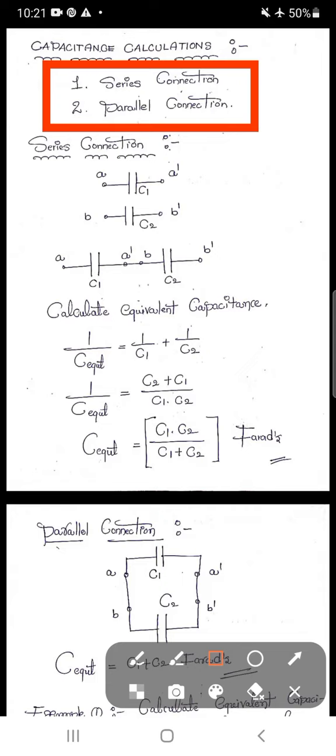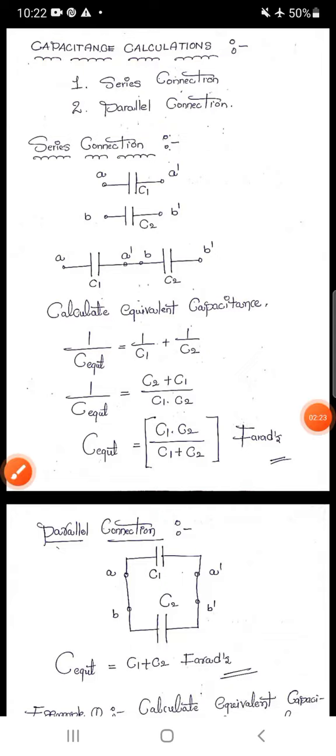For example, R1 and R2 are resistors connected in series; then directly adding these two values R1 and R2 gives the equivalent resistance. But in case of capacitance, we need to consider this procedure whenever the two capacitors are connected in parallel. So the procedure we use for resistance and inductance in series is applicable to capacitance in parallel connection. That is the main important thing.